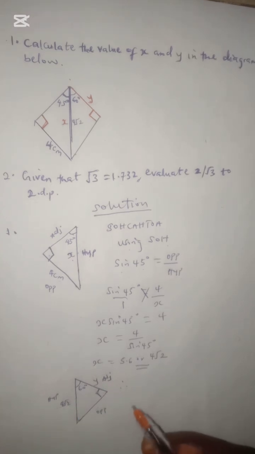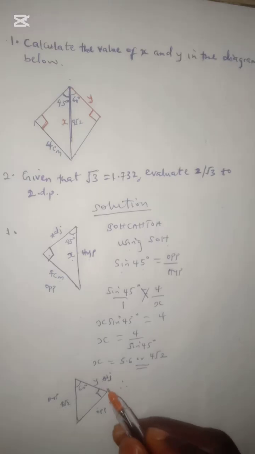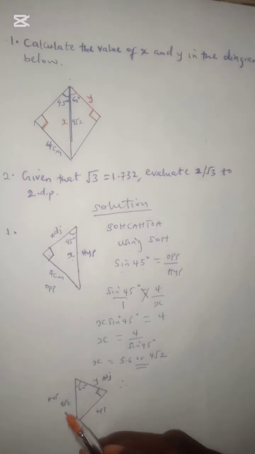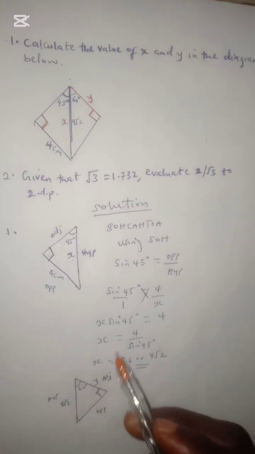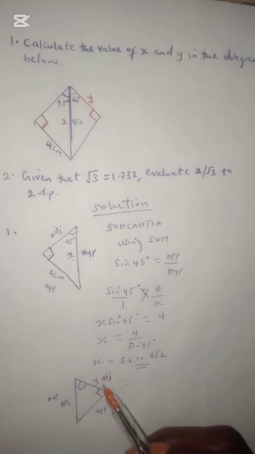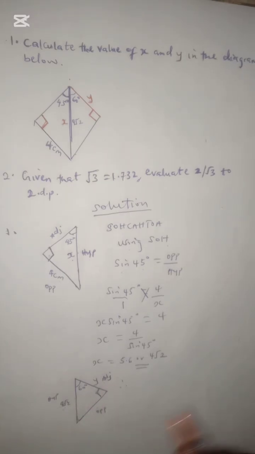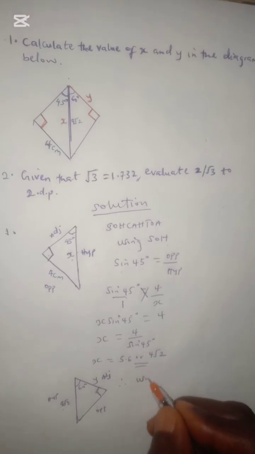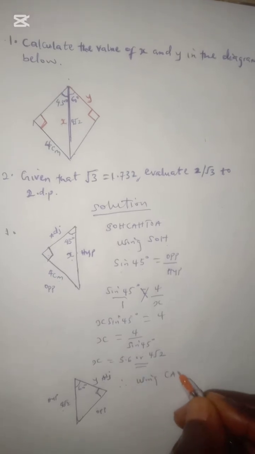From there we can think about which relationship we have here. Using SOHCAHTOA, we are looking for adjacent and hypotenuse, that is CAH, which is cosine.